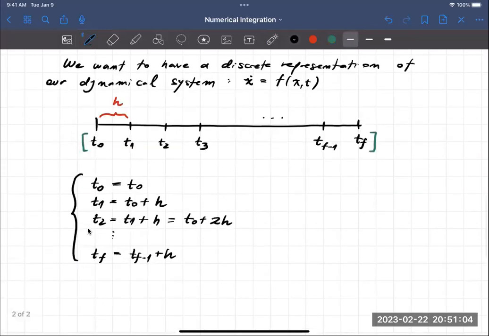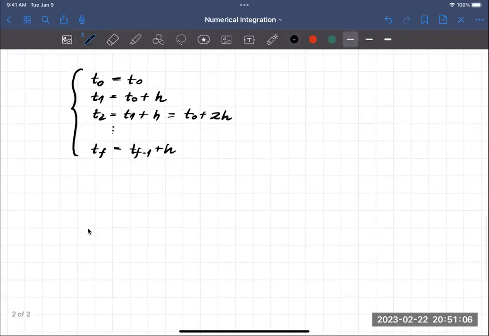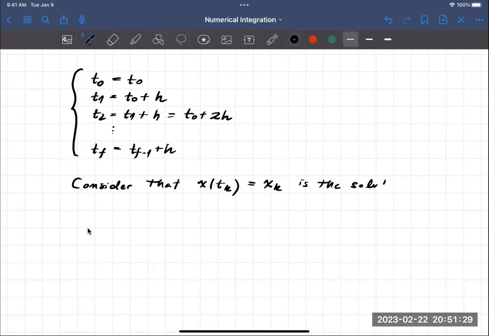Okay, so what we can do now is, let's say, consider that x of tk, or we're going to call it also xk, is the solution of x at time tk.